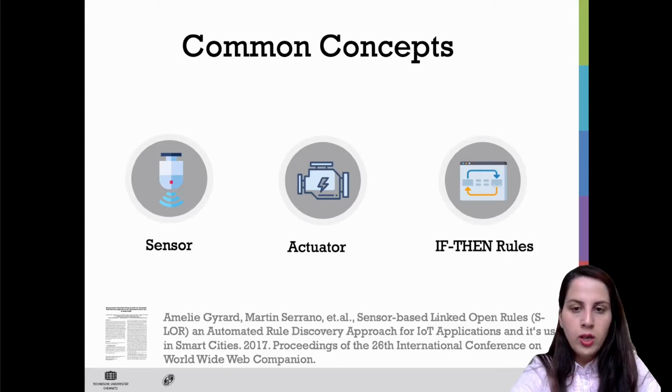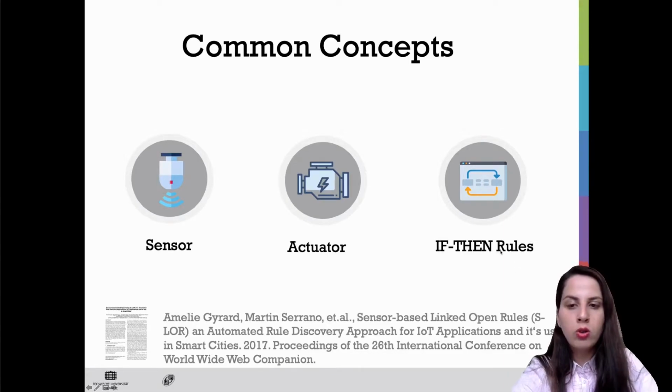And also, Girard et al. identify that the if-then-else rules defined within ontologies provide valuable knowledge that can be used for automatically interpreting IoT data.